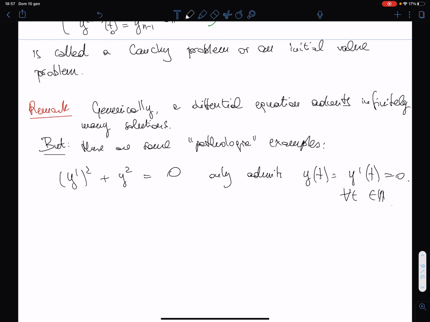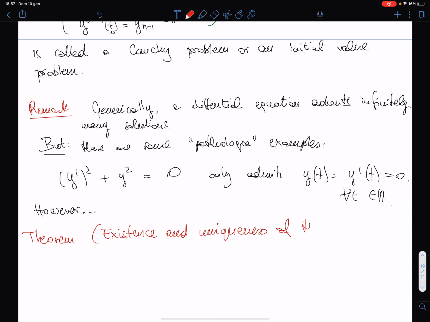However, and this is the very important theorem. This is called the theorem of existence and uniqueness of the solution to a Cauchy problem.